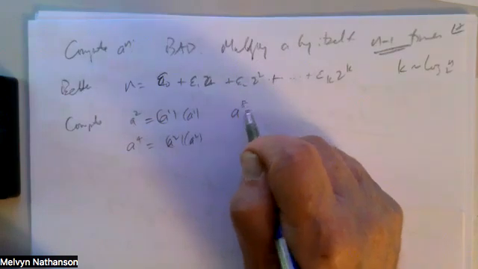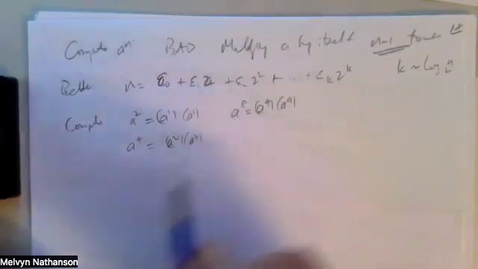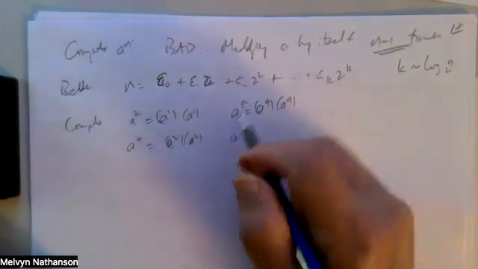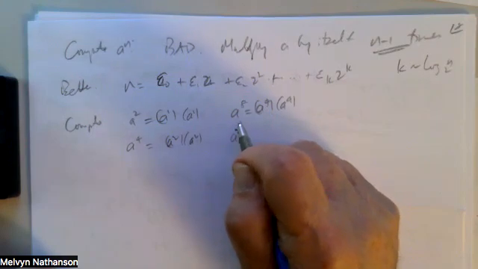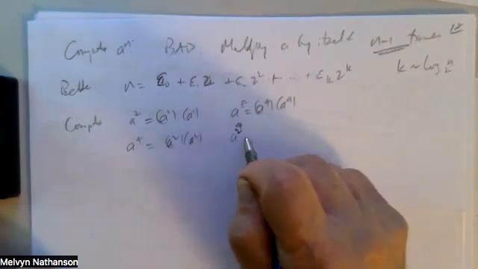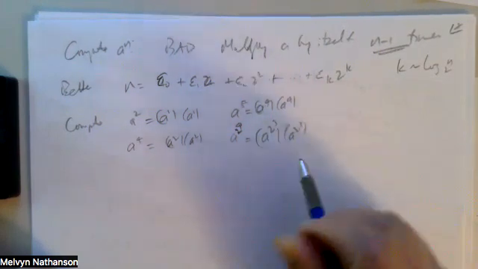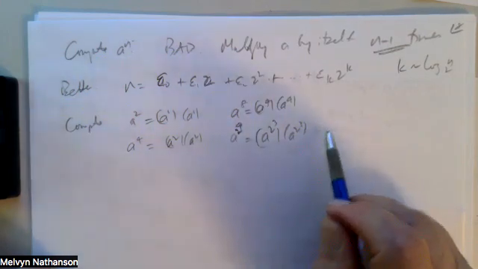A to the eighth, you multiply a to the fourth by itself, you get a to the eighth. This is a to the 2 cubed. You get a to the 16th, a to the 2 to the fourth. That's a to the 2 cubed times a to the 2 cubed. That is a to the eighth times a to the eighth is a to the 16th.